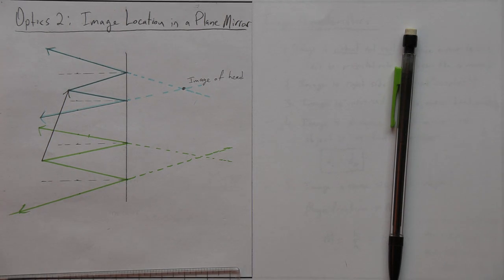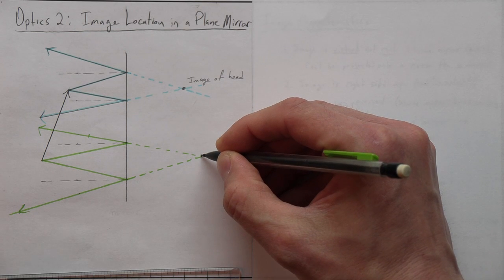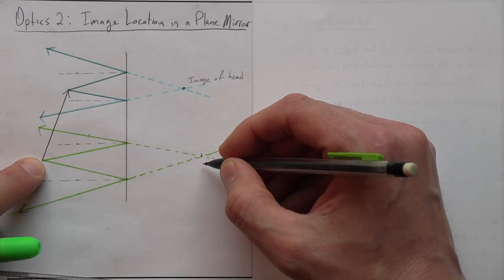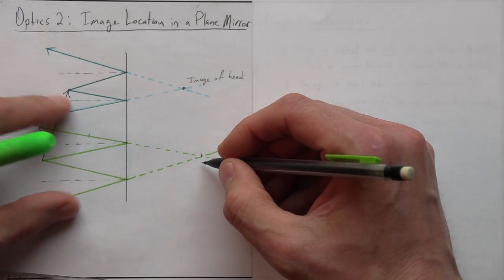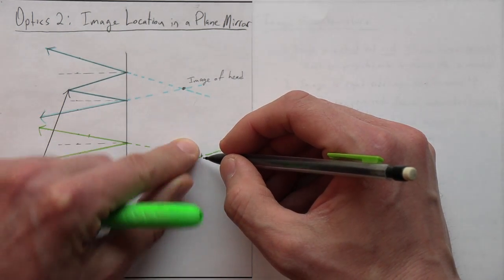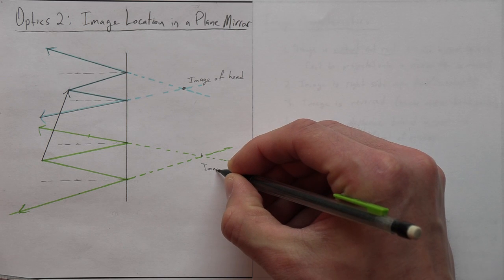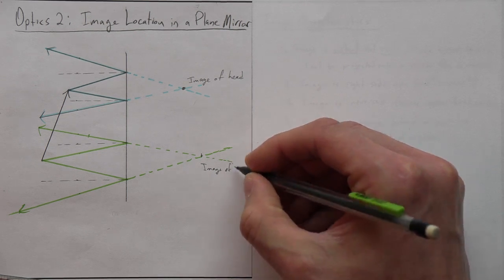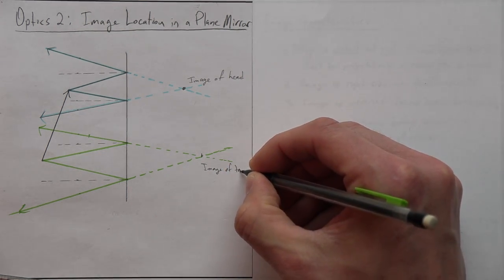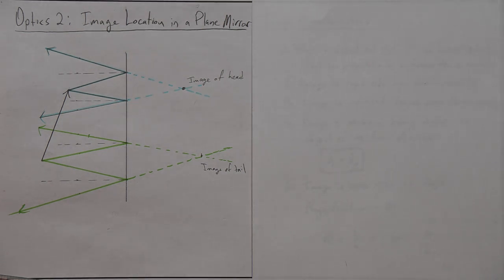Where they intersect, that's the place our brain sees the back of this arrow. The light rays came like this, bounced, and then we converge them back and meet them right there. So this is the image of the tail, the back of the arrow.